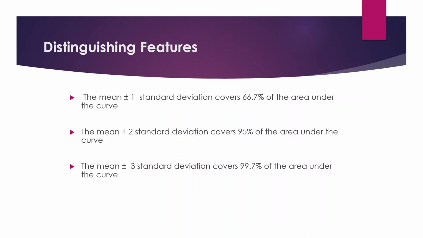It means that if you have 100 students in your class and you take the mean height of the class and plus or minus 1 standard deviation is considered, then approximately 66 to 67 students will be under this rule of plus or minus 1 standard deviation. If I take plus or minus 2 standard deviations, 95% of students will follow this rule, 5 will be beyond this. If I talk about plus or minus 3 standard deviations from the mean, 99.7% will be inside this curve.